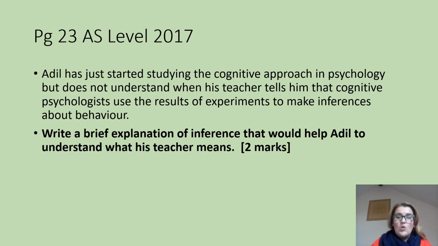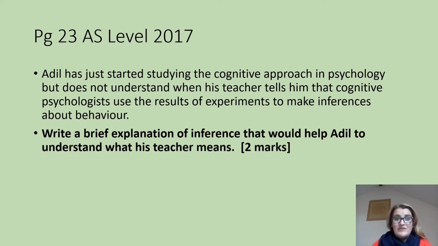Okay, now this was quite a tricky question, this one. Again, these are like your A-star, grade A questions. We've got to apply. That's why we practice them so much straight away. So Adil has just started studying the cognitive approach in psychology, but does not understand when his teacher tells him that cognitive psychologists use the results of experiments to make inferences about behaviour.